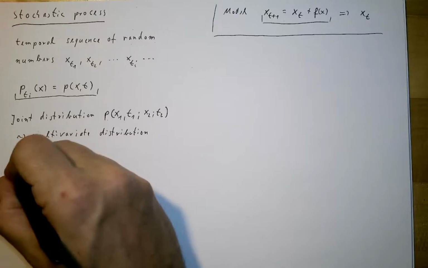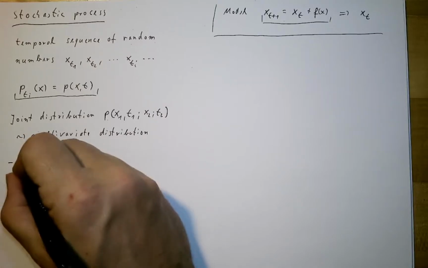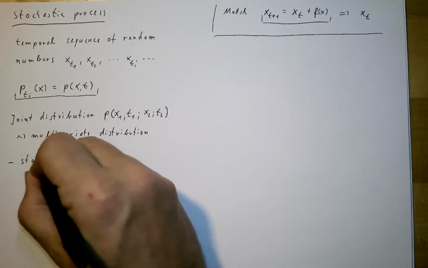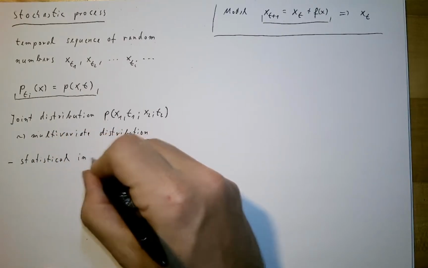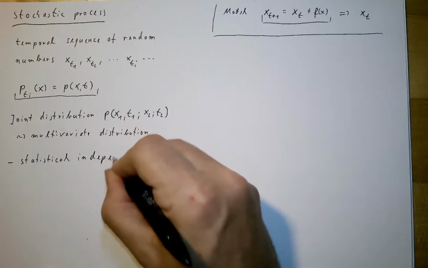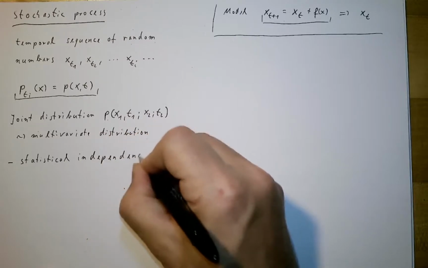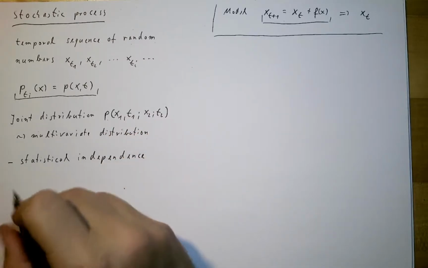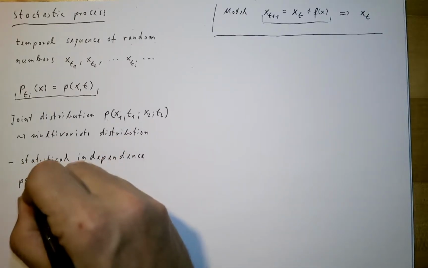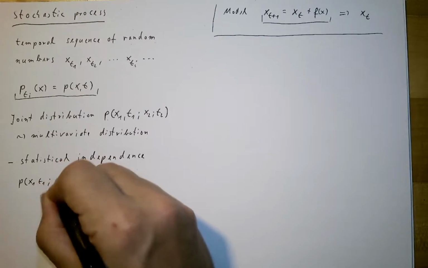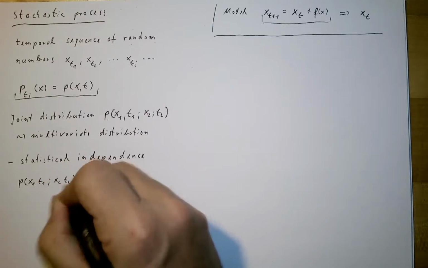So first we can look at statistical independence. Let's say we can write this multivariate distribution P of x1, t1, x2, t2.